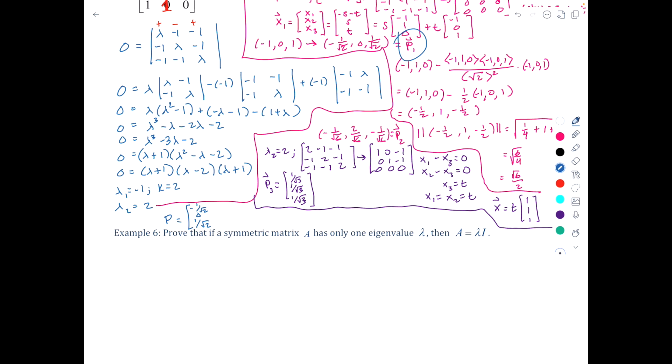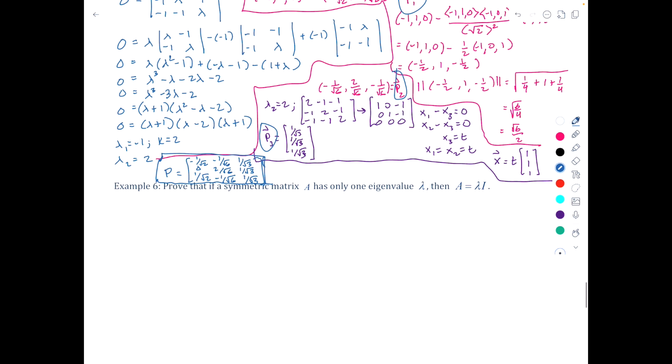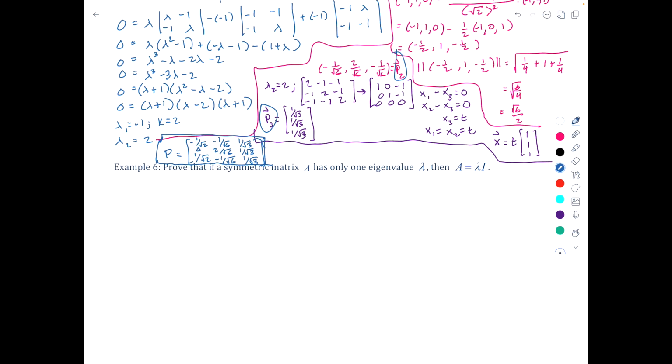P2 was over here, and we had negative 1 over root 6, 2 over root 6, negative 1 over root 6, and then P3, we had 1 over root 3, 1 over root 3, and 1 over root 3. Excellent. So a little bit of a process. You can check on your own to make sure that P inverse AP is diagonal. But it's a cool process. At least with a symmetric matrix, it's diagonalizable, right?